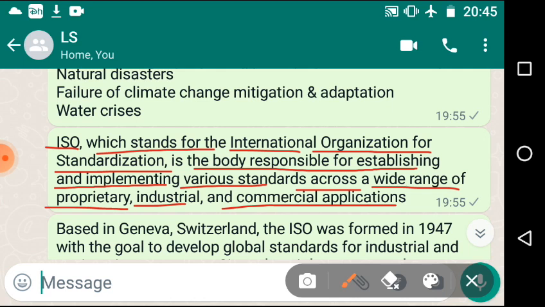That means putting that plan into effect in various standards across a wide range of proprietary. Proprietary means relating to an owner or ownership of a particular company, that is marketed under and protected by a registered trade name. Not only that, industrial and commercial applications also should follow this ISO standard.